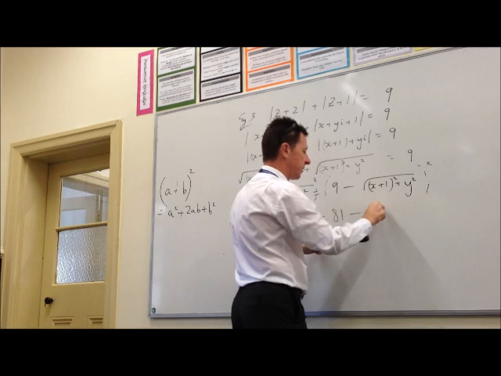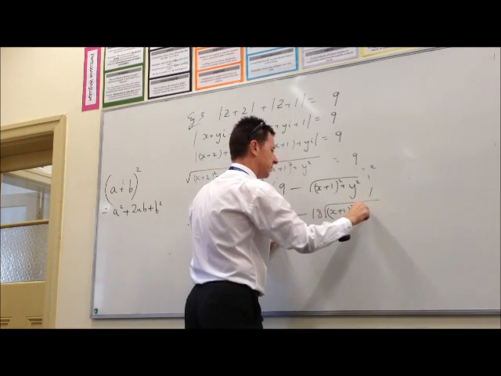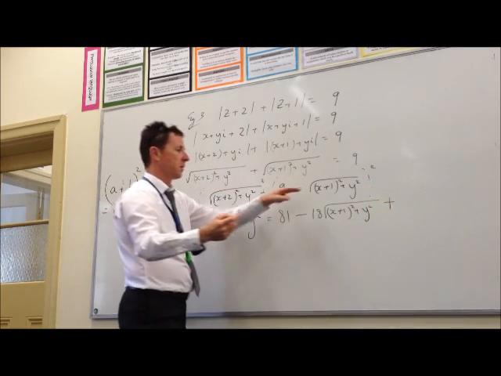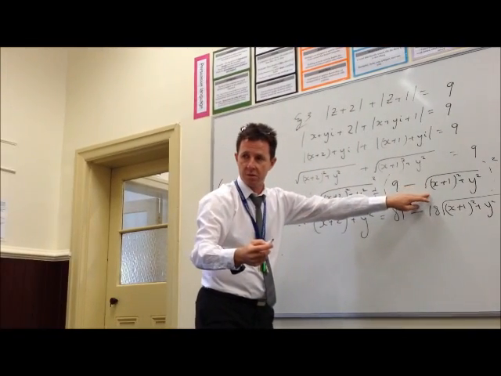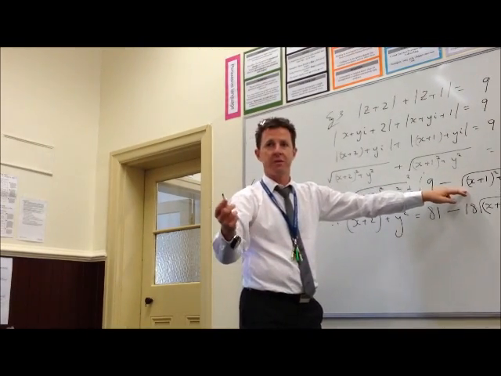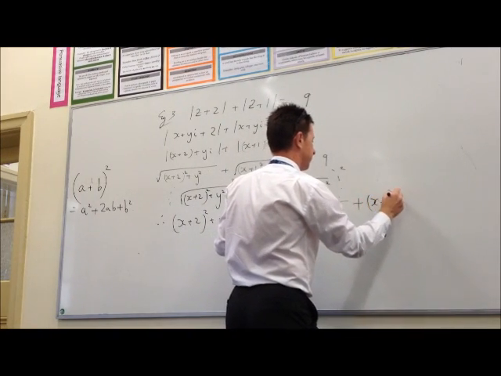So it's 18 of the root, plus b squared, which is the square of the square root, which means no longer do you have a square root.